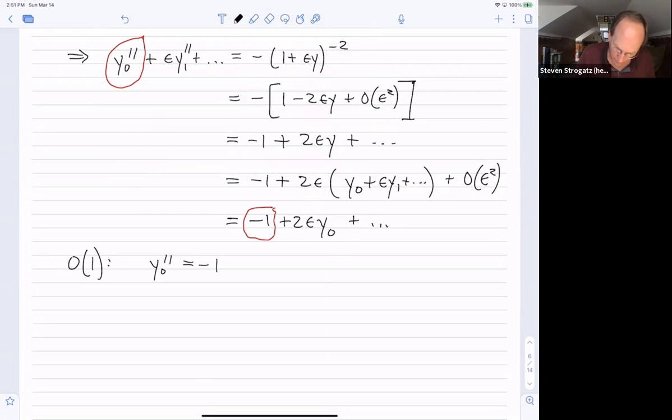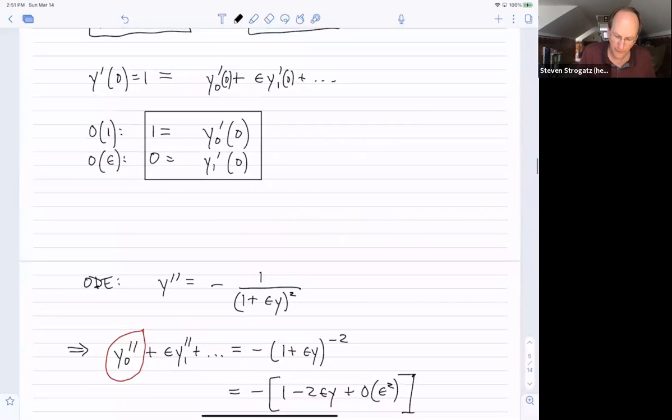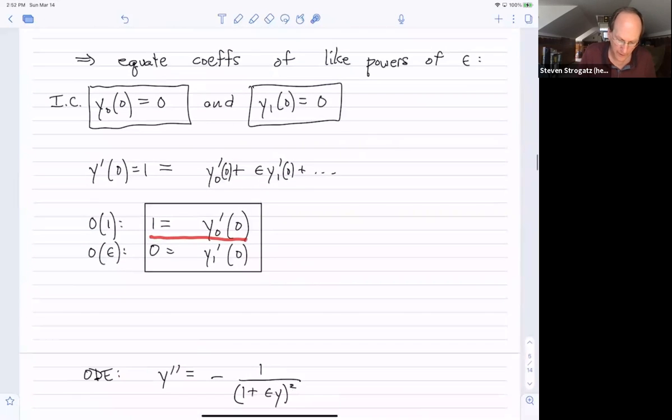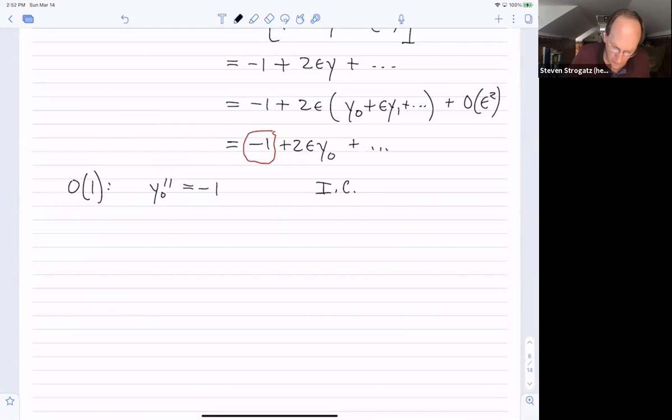And we should probably remember what the initial conditions are for this y0 problem. We wrote them down earlier. They would be this condition on the first derivative and this condition on y0 itself. So I have initial conditions like this. If I've done that right, I think I have. Yeah.